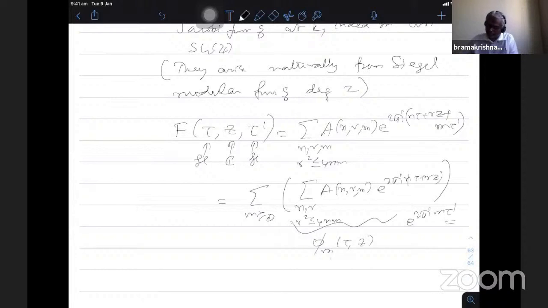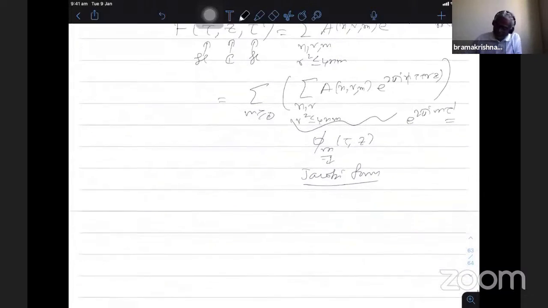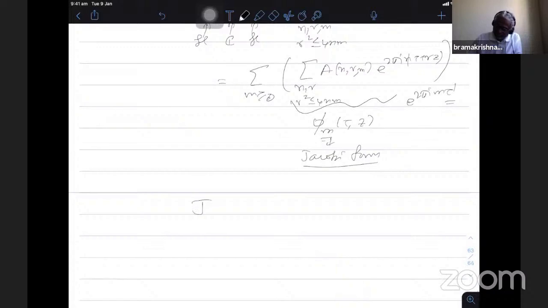They are all called Jacobi forms. The weight is k, since f is of weight k, and the index is m. This space is called J_{k,m}, the vector space of Jacobi forms of weight k, index m.